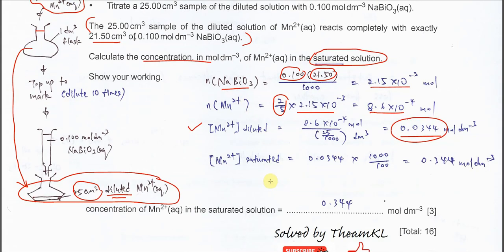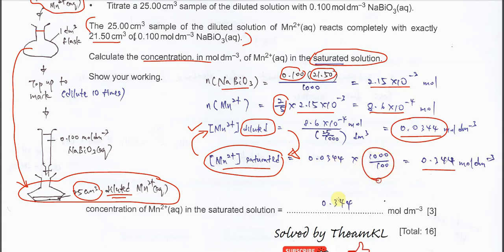So if you want to get the concentration of the saturated solution, you need to use the diluted solution times 10. That means 0.0344 times 1000 over 100, which means times 10. You get the concentration of the saturated manganese(II) solution. Because this solution was diluted 10 times to form this, once you get this concentration, you can calculate the concentration of the saturated solution. So just multiply by 10, and you get this answer.